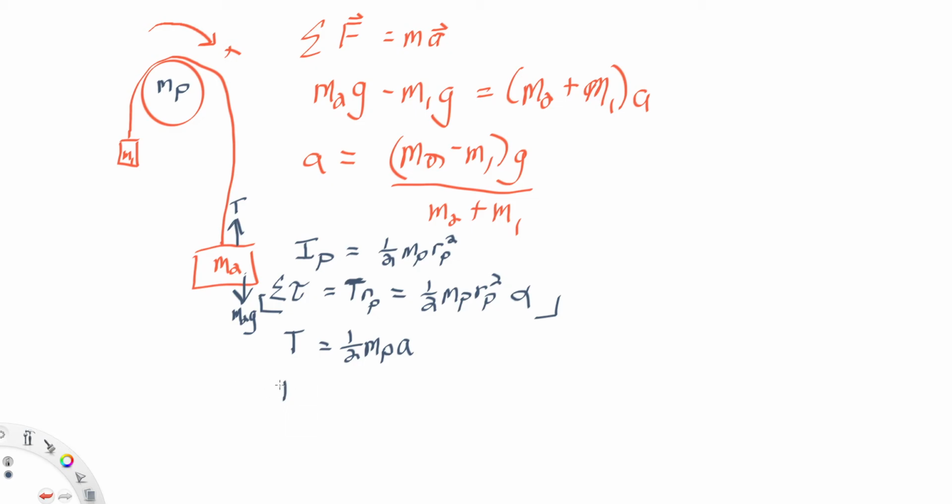So we have T minus M2G equals M2A. And similarly, for the third one, we could write, oh, this should actually be reversed.